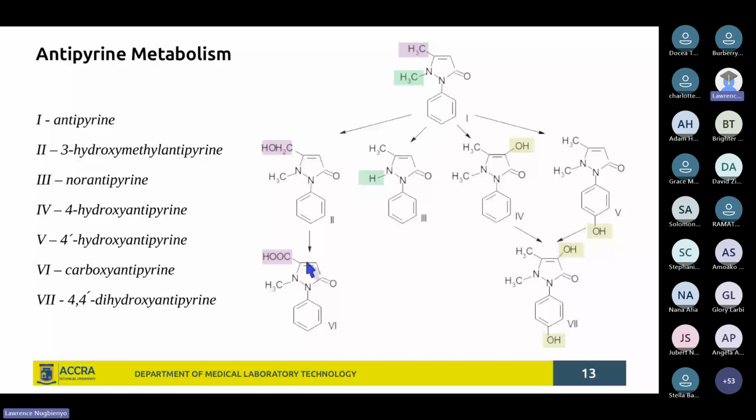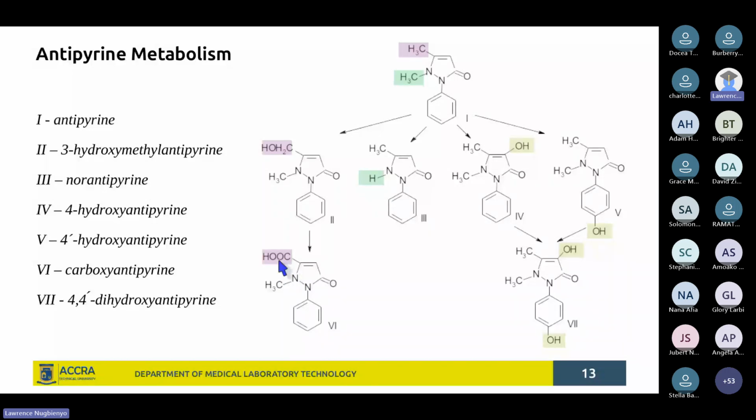This is much easier because they are just one after one below the other. So you can clearly see this was a CH2OH, which is now COOH, a carboxylic acid group there. That's an oxidation reaction.